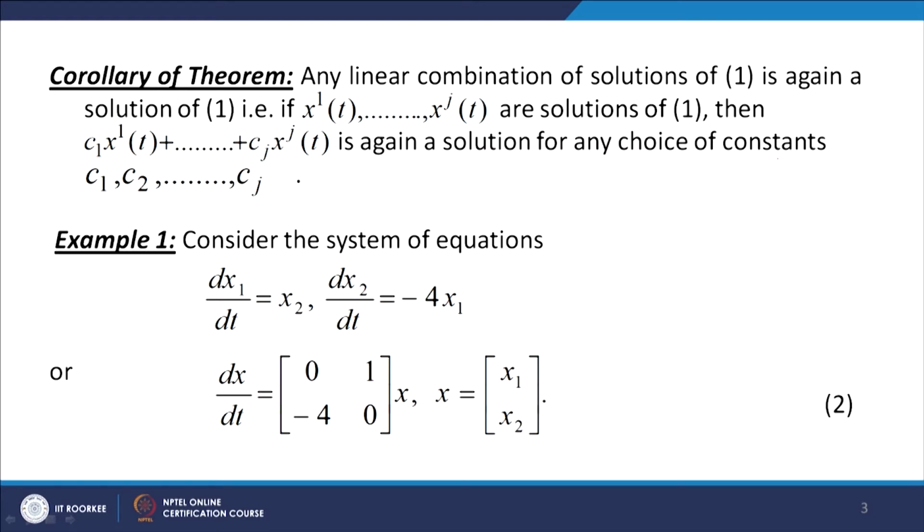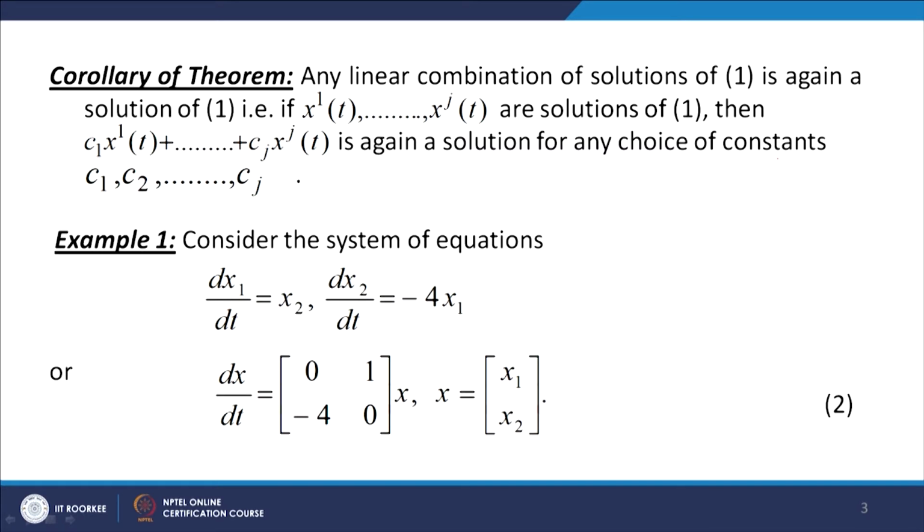This follows from theorem 1, because d over dt of c1 x1(t) plus and so on cj xj(t) will be equal to c1 times dx1 over dt plus c2 times dx2 over dt plus and so on cj times dxj over dt.